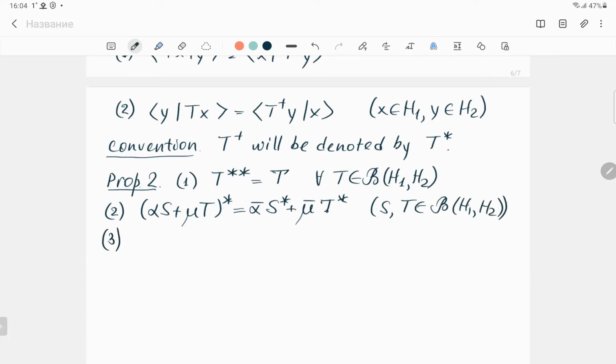If we now take two operators, which can be composed, say, S and T, then their adjoint is T star S star. Here, T is from H1 to H2 and S is from H2 to H3.